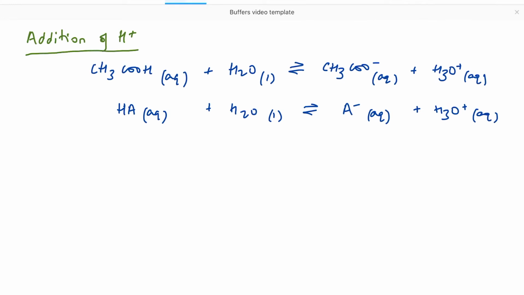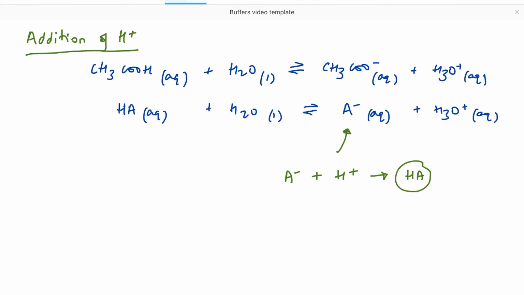The ability of a buffer solution to resist changes in pH when either acid or alkali are added can be explained by going back to Le Chatelier's principle. First of all, let's look at the addition of acid, of H+. When that happens, the added H+ are going to react with the A-, the salt ions in my buffer solution, and they're going to react together to form more of the undissociated acid, HA.